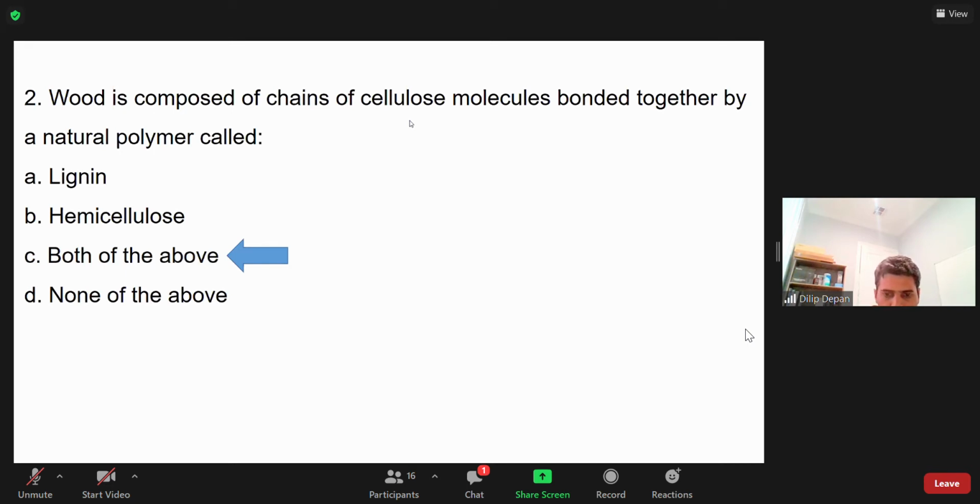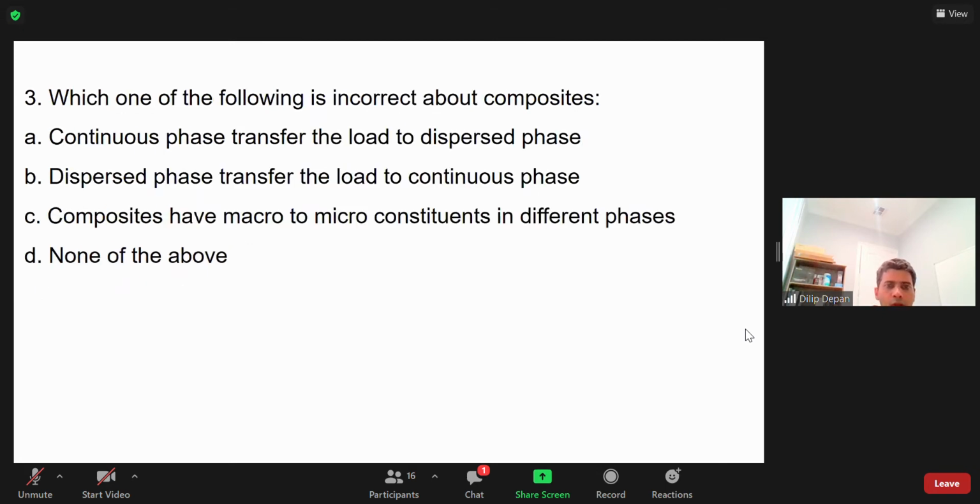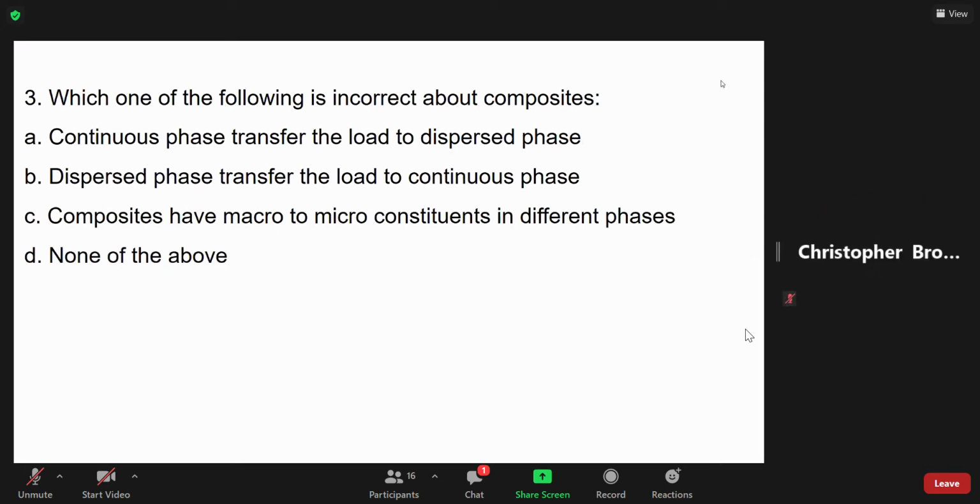Okay, next question for Christopher Brown. Which one of the following is incorrect about composites? I'm just reading it. Give me a sec.